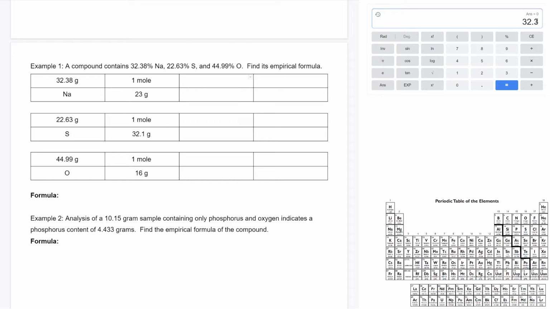Now we'll do calculator things. When we find these mole amounts, you're going to want to keep more decimal places than usual. Round to at least 3 or 4 decimal places each time. I'll do 5 there because I don't want to round 49 up to 50.